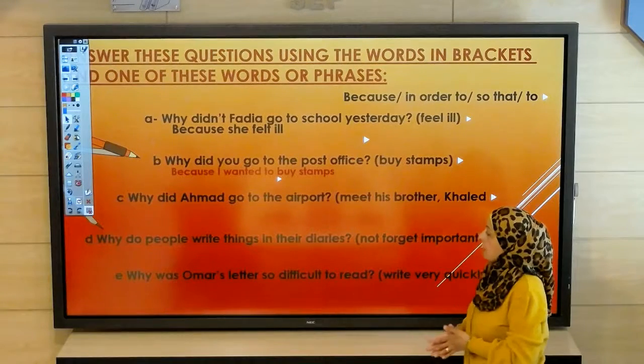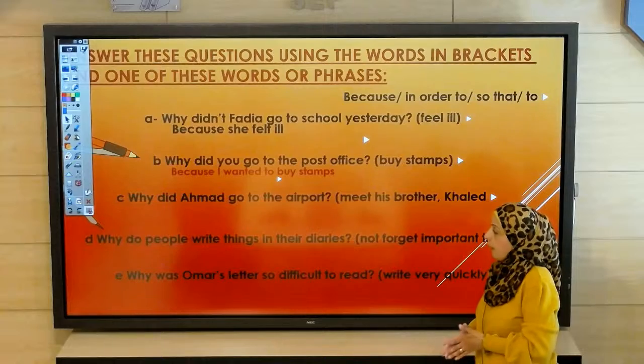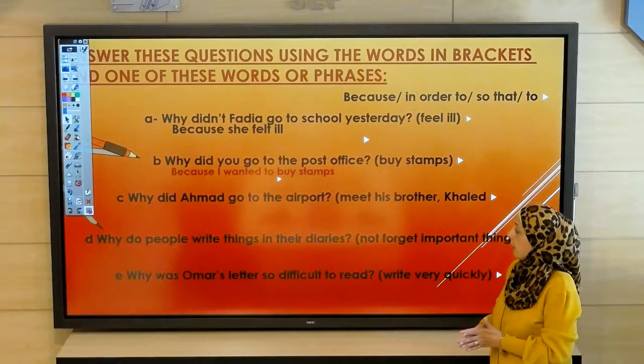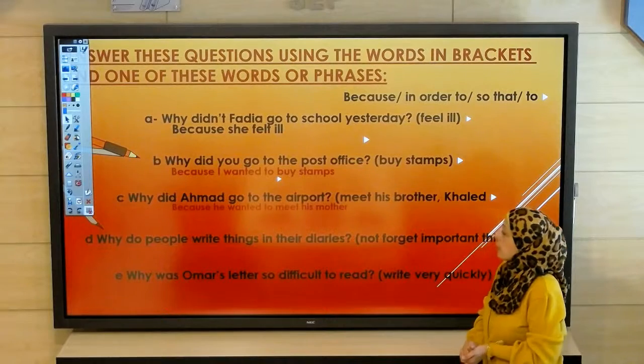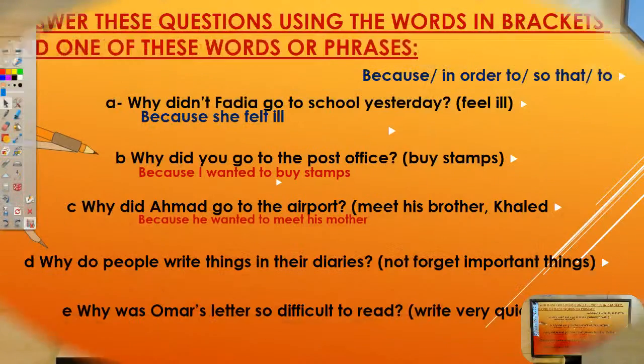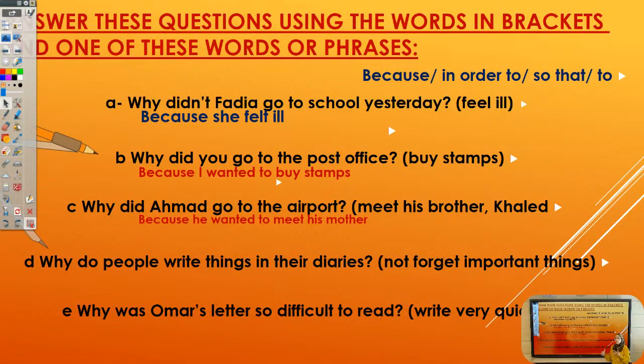Why did Ahmed go to the airport? Because he wanted to meet his mother. We can say in order to meet his mother or to meet his mother, but here I prefer to answer with because.